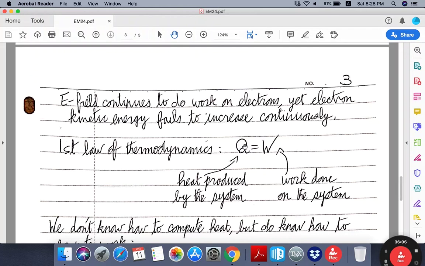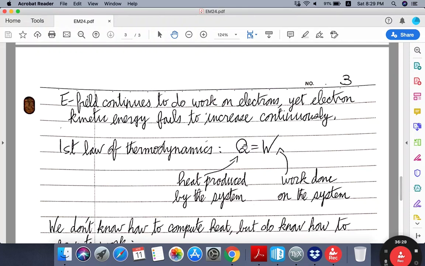However, the electron kinetic energy fails to increase continuously, as we know, because after some time the electron will have achieved a steady state, always traveling at the same drift velocity and not increasing its speed beyond that.